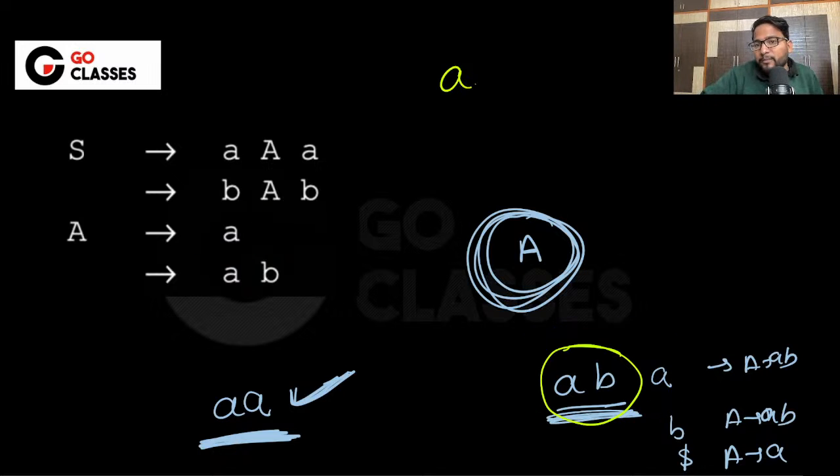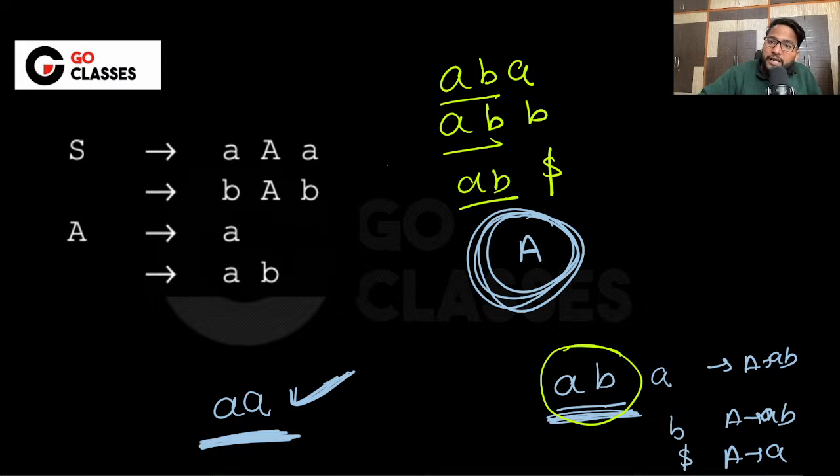If ABA is there, AB, and after AB what comes: ABA, ABB, or maybe AB dollar. If ABA is there, then you are sure you're talking about this, and you need AB here also.